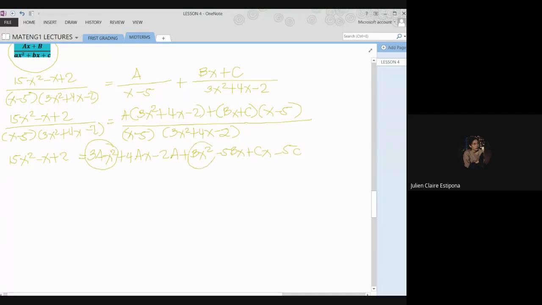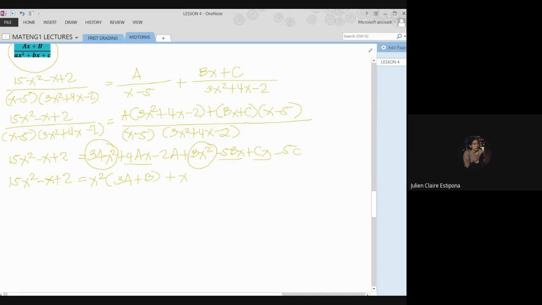The same with this one, that is x squared, and in terms of x also, that is ax, and with this, that is negative 5x, and the same with this one, okay? So if we are going to rewrite that, combining the like terms, plus 2 is equal to, what is common to that? That is x squared multiplied by 3a plus b. Plus, what is the common factor for this one?